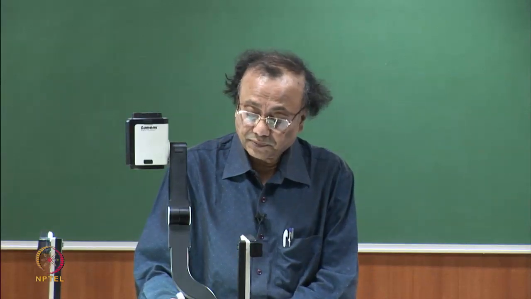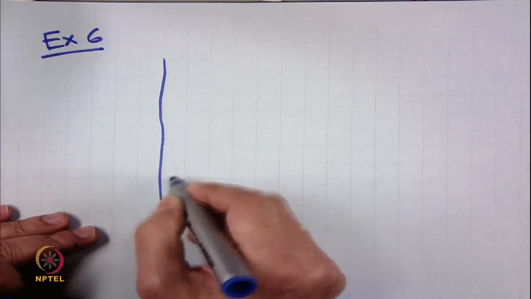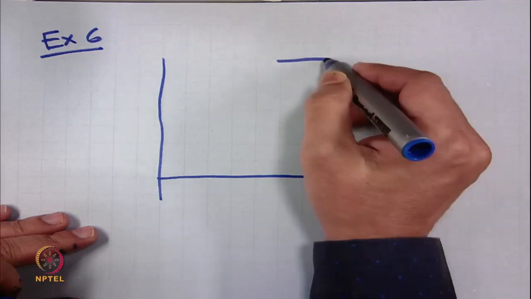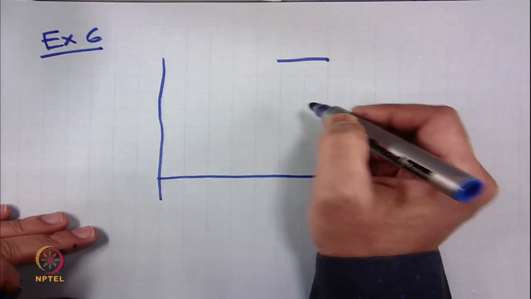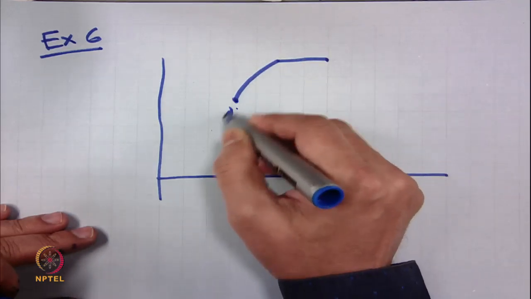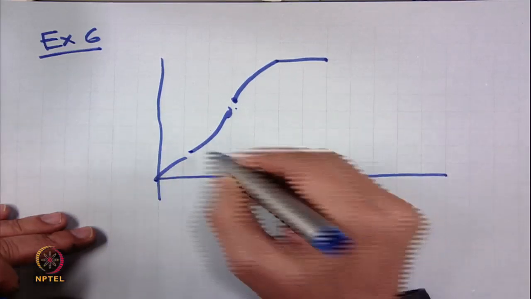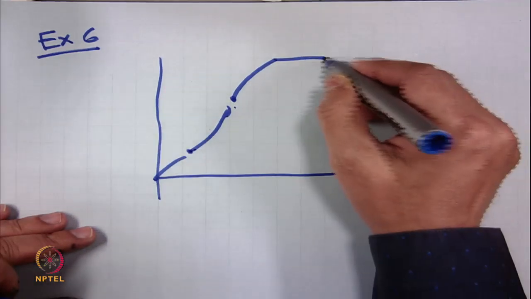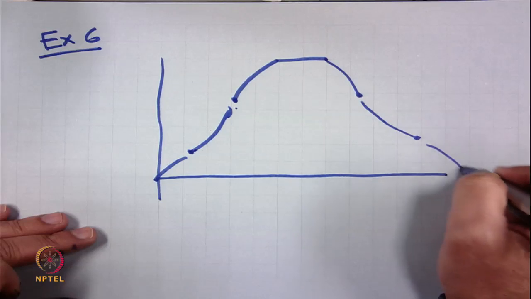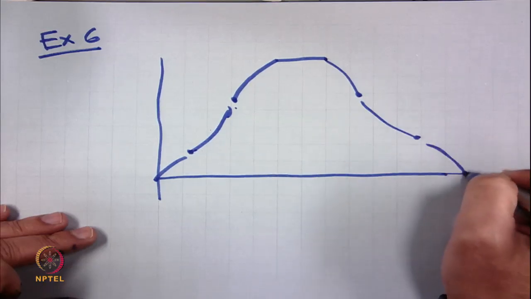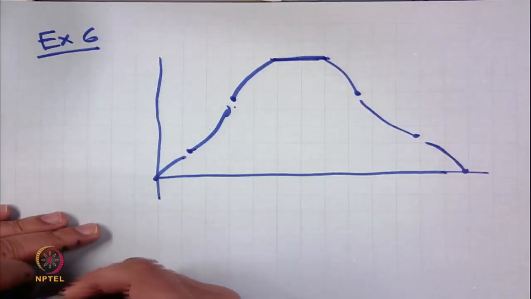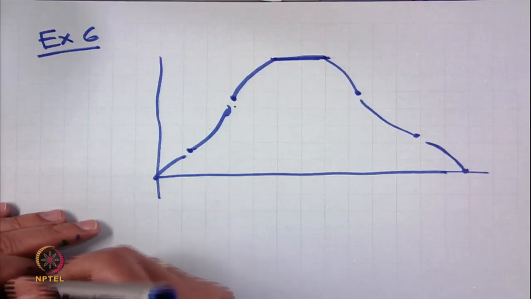Example 6, it need not be that Lx and Rx have to be linear all the time. A more general scenario can be like this, where these are piecewise continuous and that gives a shape of a general fuzzy number, where Lx and Rx satisfy the properties given earlier.